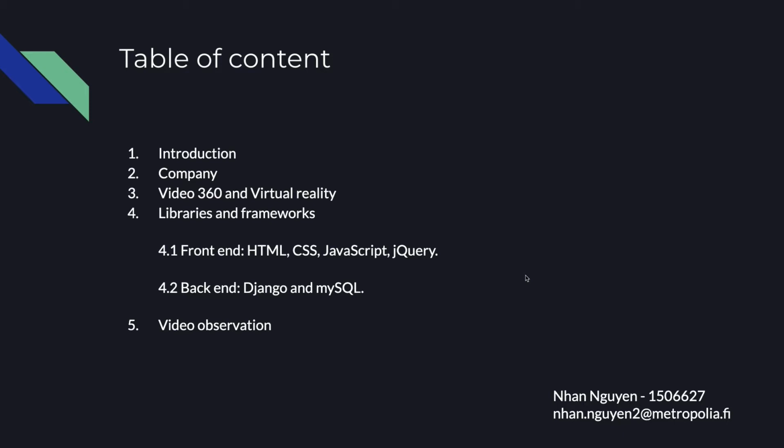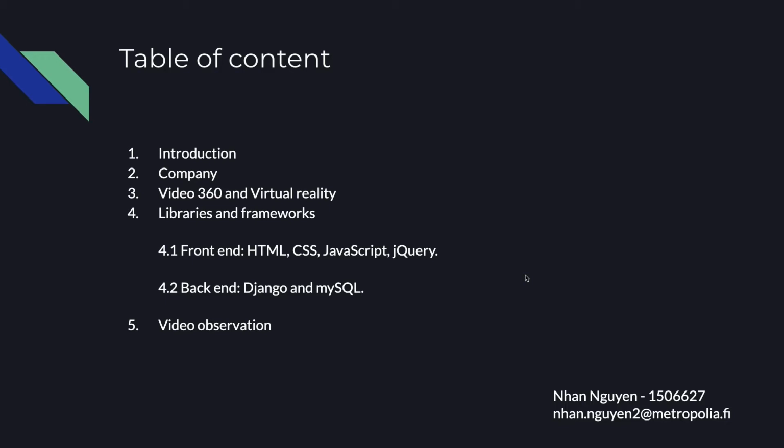When it comes to the table of contents, the structure of this thesis starts with the introduction and general information of I4Site company, followed by 360 video and virtual reality technology.